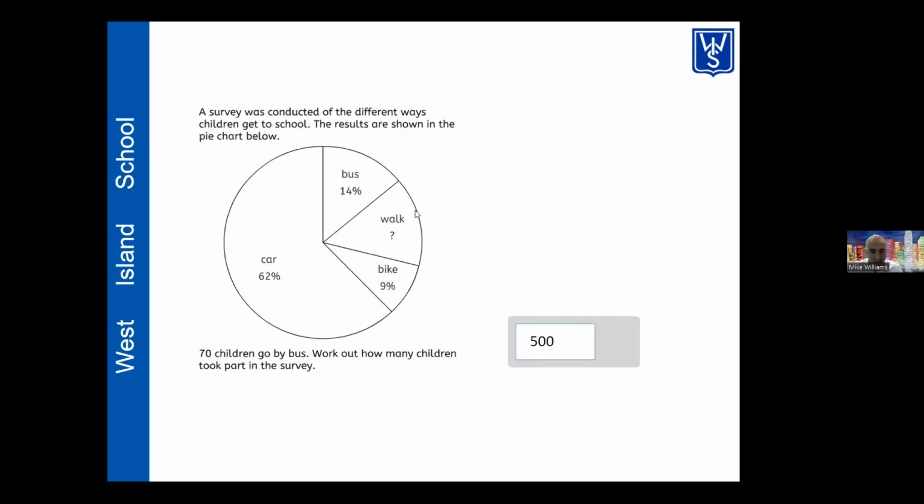So 70 is 14%, so it's a half. So 100% will be 500, which is times by 5. Yeah, 14% is 70, 100% would be 500.